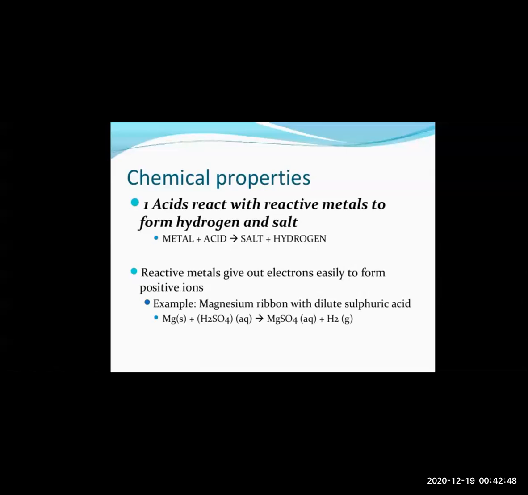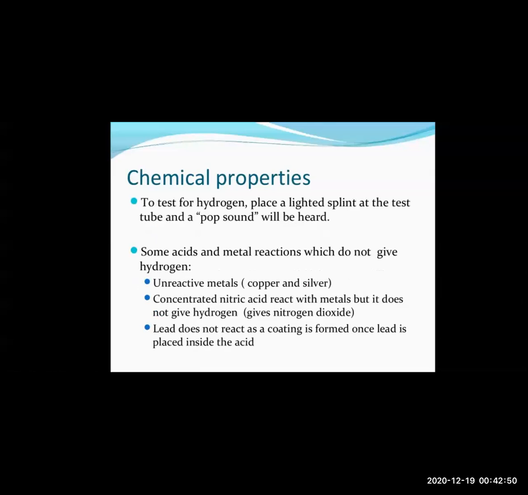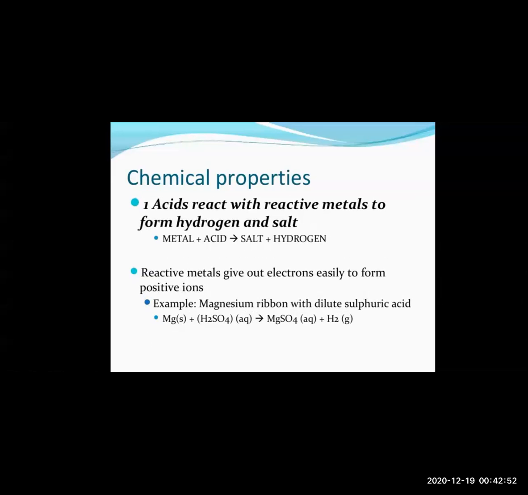Now, when acid reacts with metal, what do they produce? Metal, when reacted with acid, forms salt and hydrogen. For example, magnesium ribbon with dilute sulfuric acid.